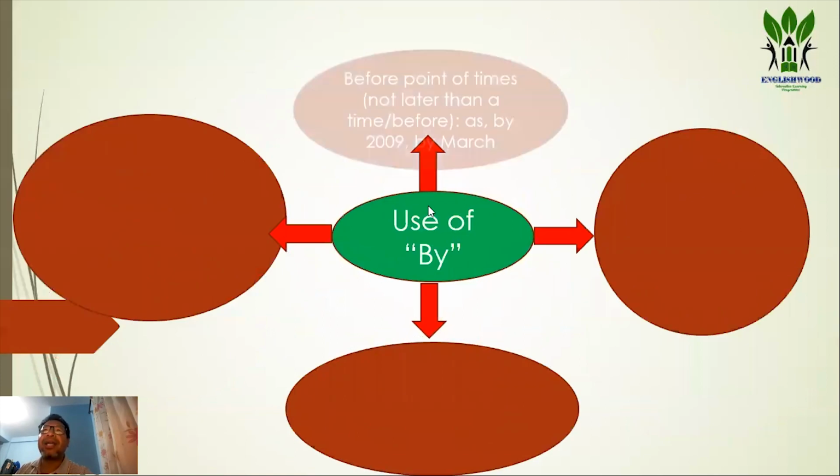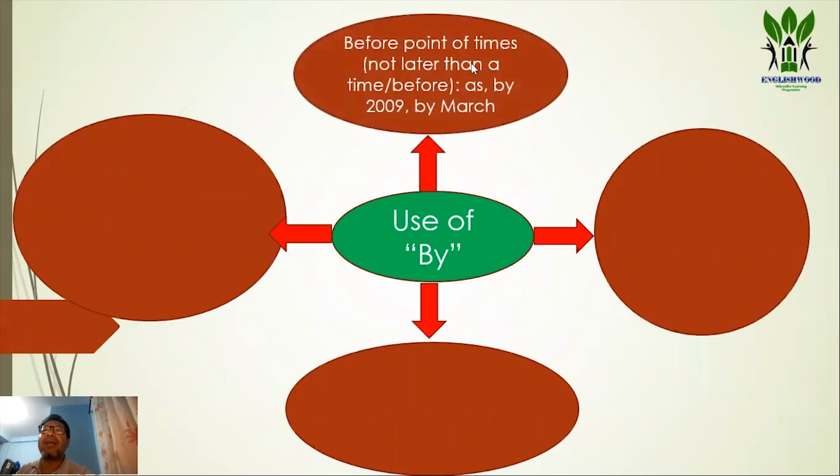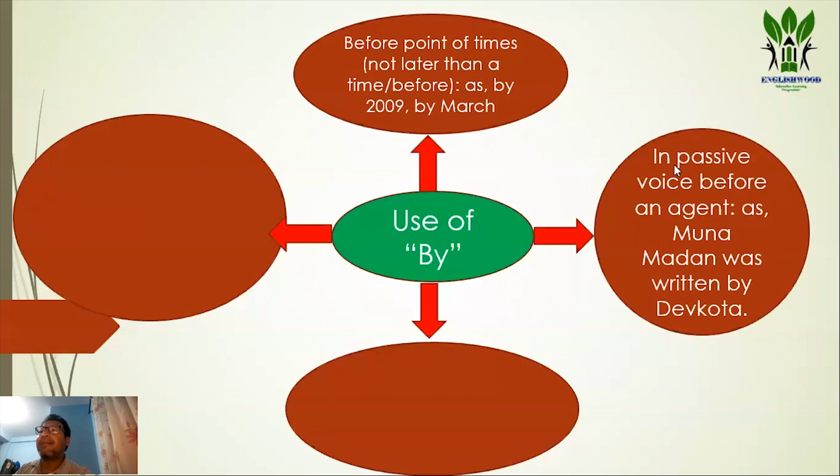So, use of "by", let's see. Before a point of time, not later than a time or not before, as by 2009, by March. In passive voice before the agent, as Munamadan was written by Devkota.